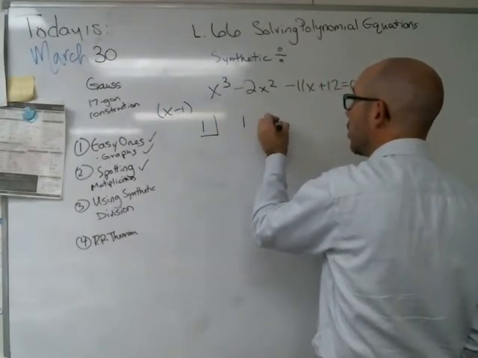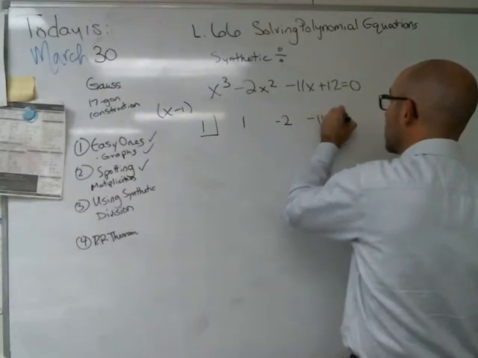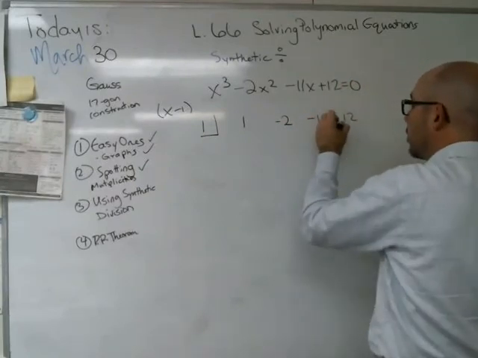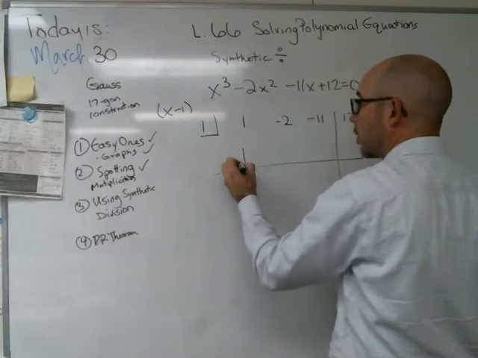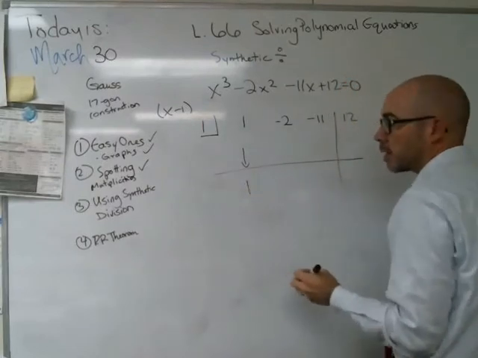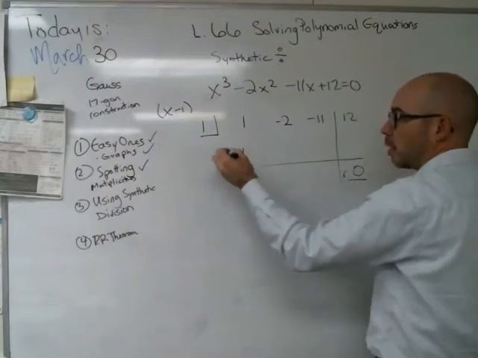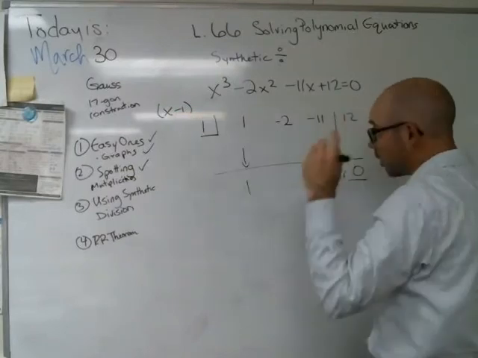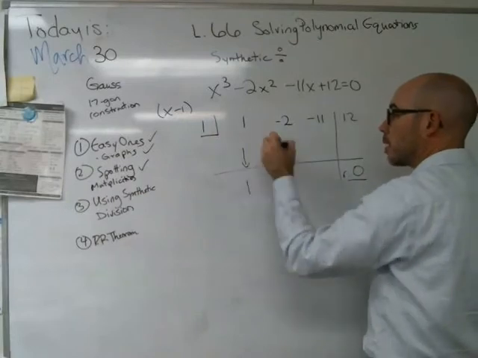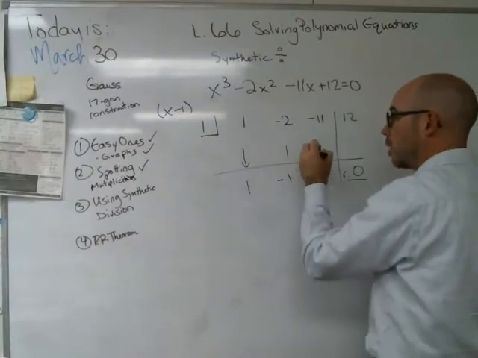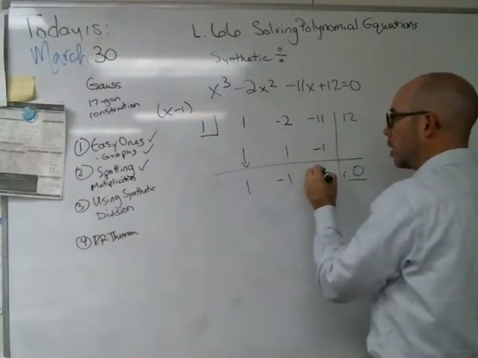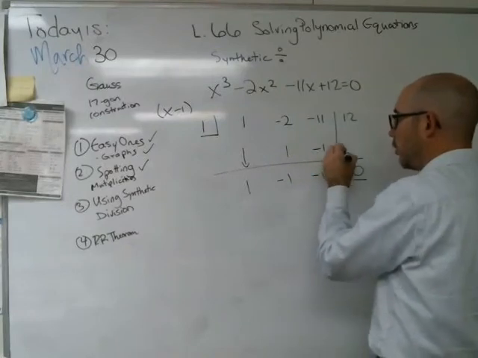So I'm going to take my coefficients and check and see what's left over after I do synthetic substitution here. I'm looking for a remainder of 0. That's what I'm looking for. That would tell me that x minus 1 is one of the factors. So here we go. Negative 1, negative 12.